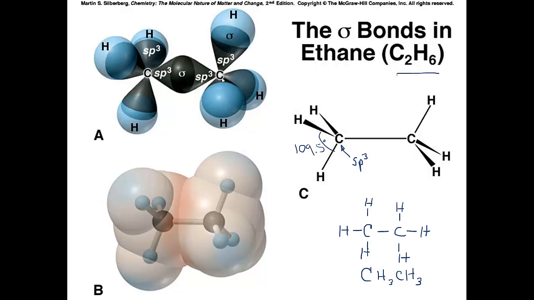So this carbon and this carbon are going to overlap their sp3 hybrid orbitals, and this overlap right here is on the line connecting these two carbon atoms, and so it is a sigma bond. Similarly, up here, the overlap region between this hydrogen 1s orbital and the sp3 orbital on this carbon, well, that's on the line containing these atoms.